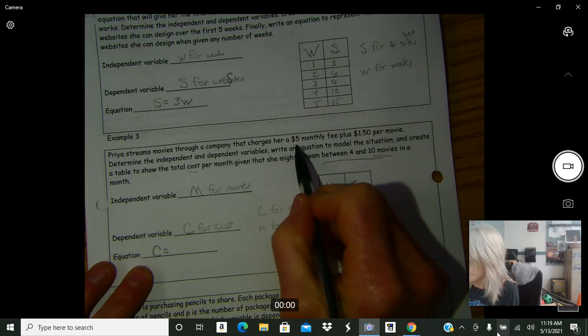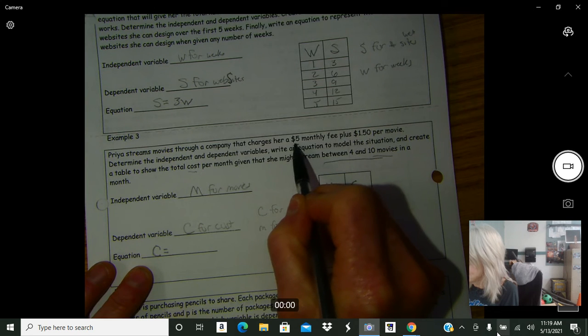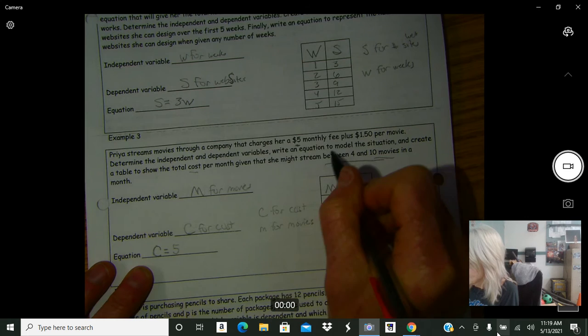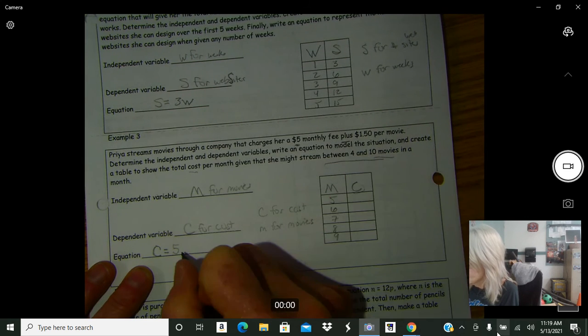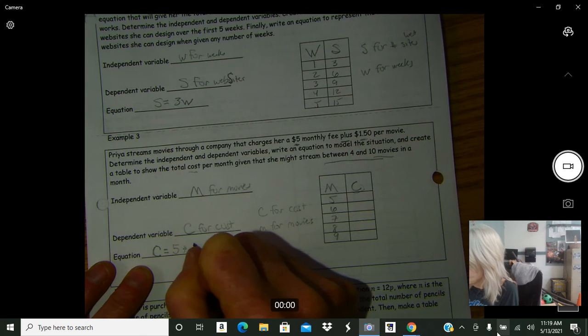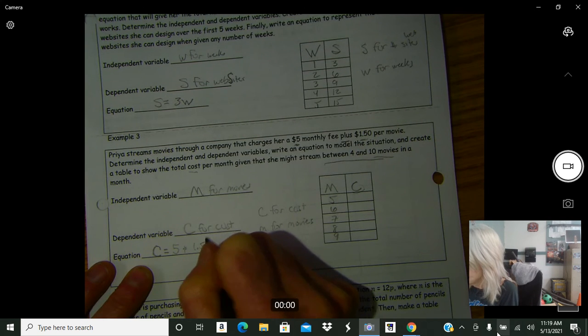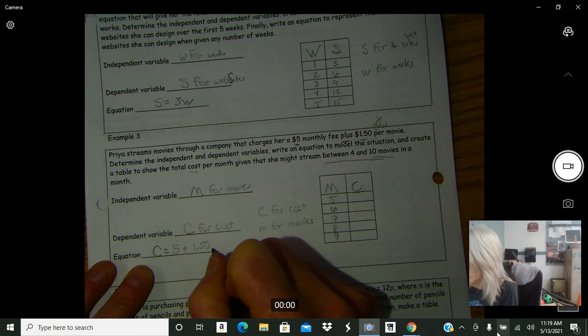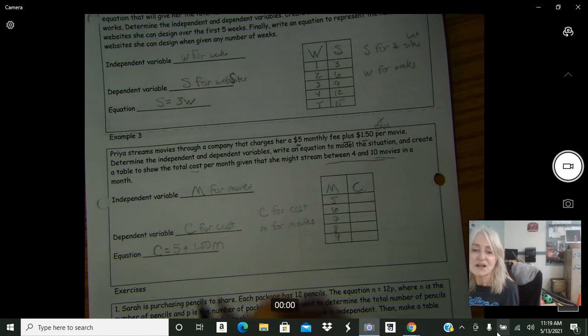If I go up here, I know we have a $5 monthly fee, so I'll put that 5 plus, and I've got $1.50, so I'll put $1.50 in there. Per is another word for each, which means multiply. So I'm just going to put $1.50 times M.